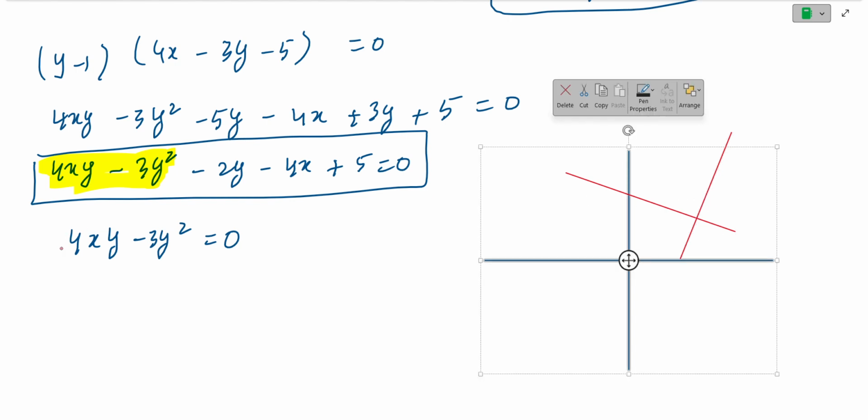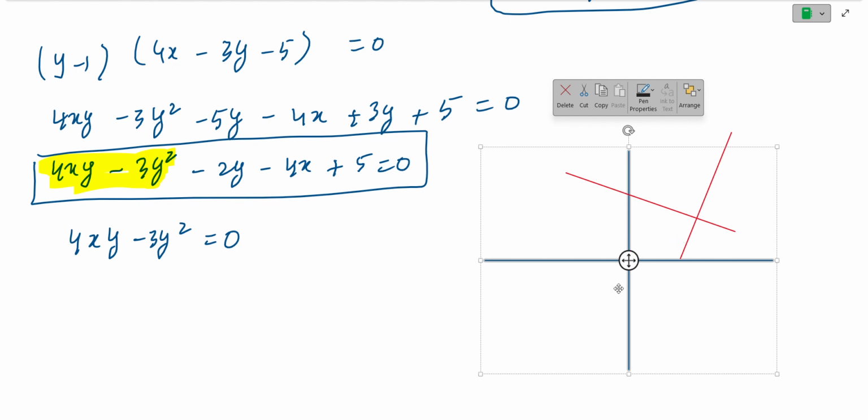I have used the second degree part from this pair of straight line equation to form a new equation. This equation will represent the pair of straight lines passing through the origin and parallel to the given pair of straight lines.